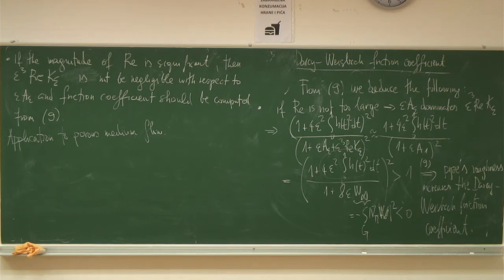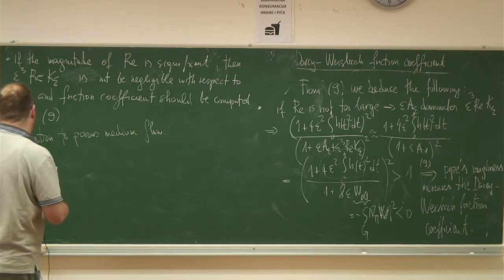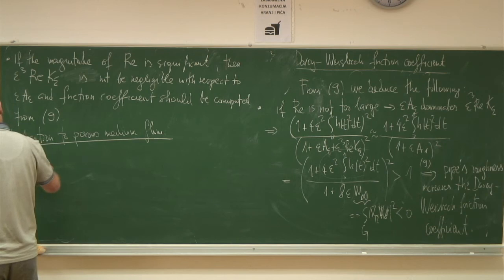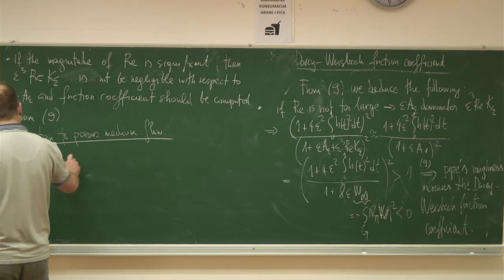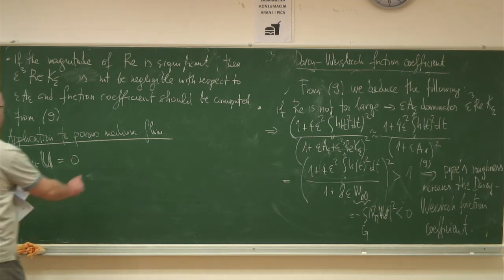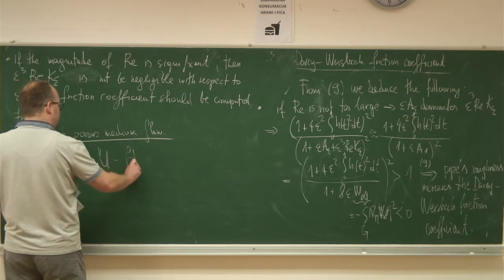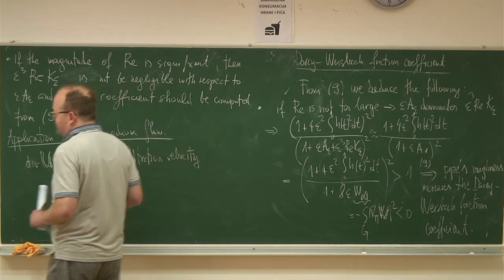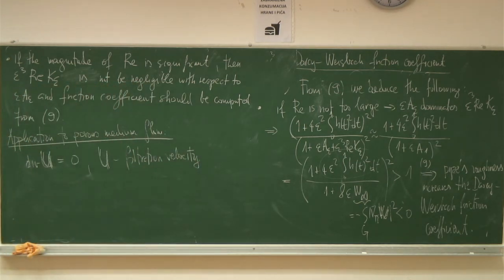The first, so we always have the incompressibility equation. It always remains in the system, coming from the conservation of mass. Here, U is the filtration velocity, so the velocity of the fluid going through the porous medium.